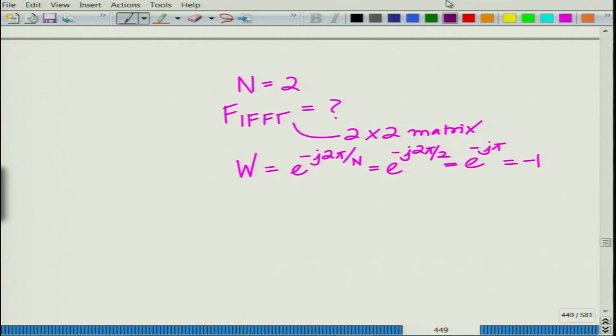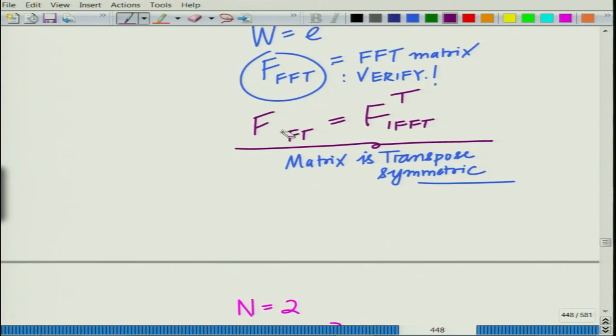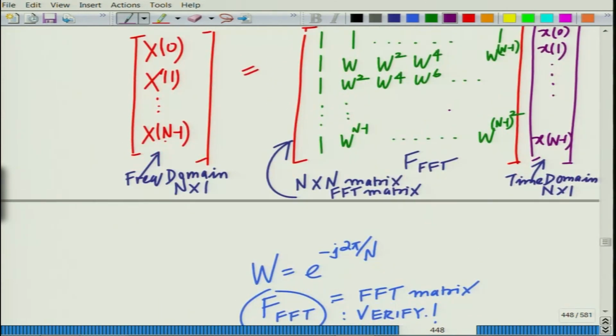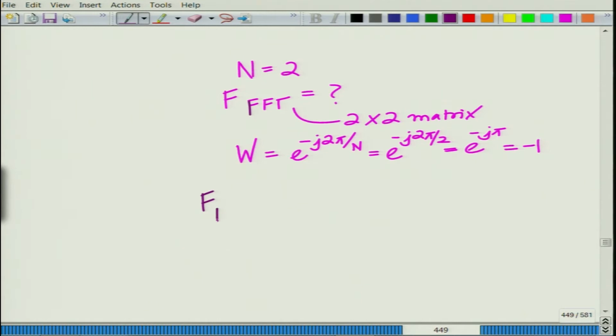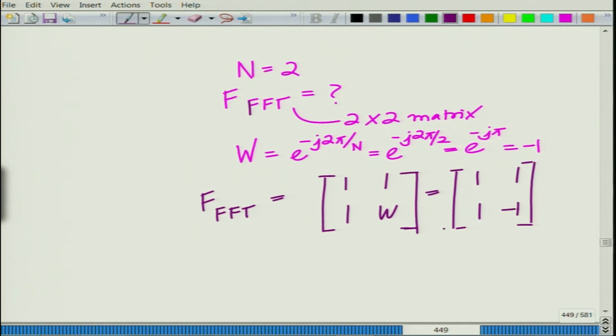I am sorry, everywhere here this has to be F F T. So F F T equals 1 1 1 W, and in this case it is very simple: 1 1 1 minus 1.